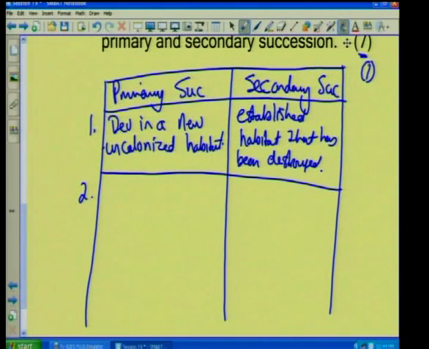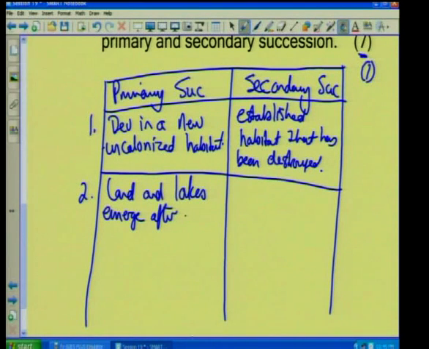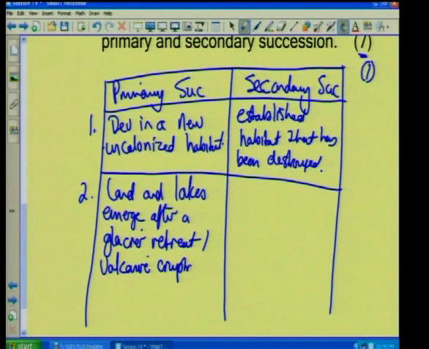Point 2, this would develop after land and lake emerge, after a glacier retreat or a volcanic eruption has taken place. Okay, so that it's all destroyed. There is nothing. It's totally uncolonized. And with your secondary, here you've got a natural catastrophe.